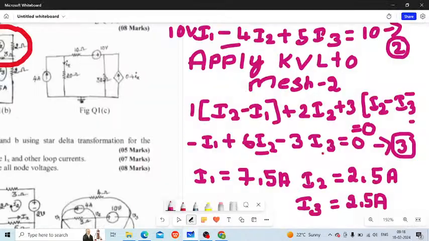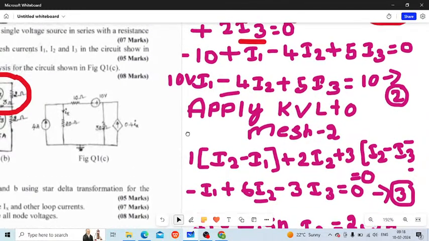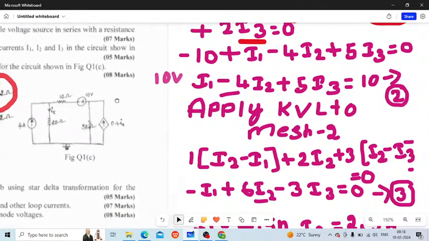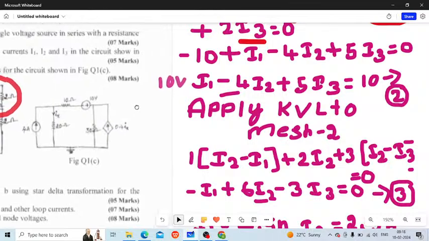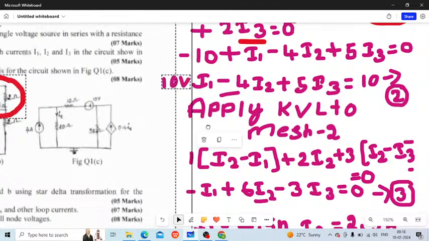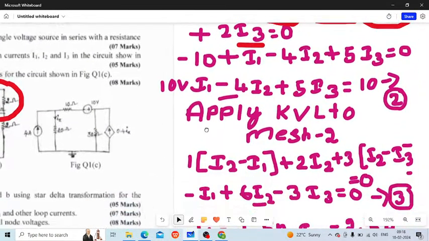Just a minute, I'm sorry students, there is something over here, please wait. I don't know where this 10 volt came from. I guess somewhere in the copy.